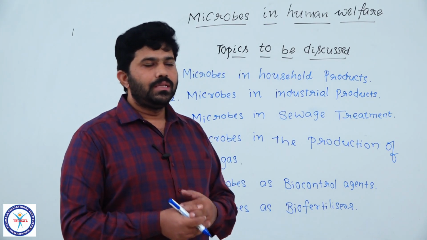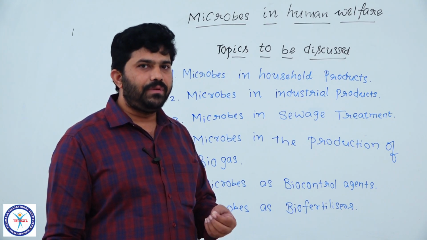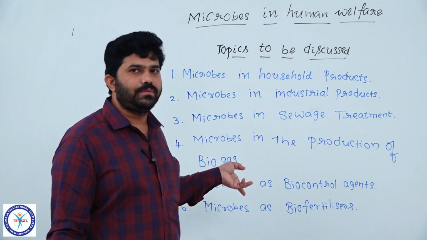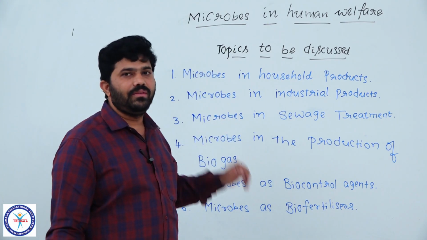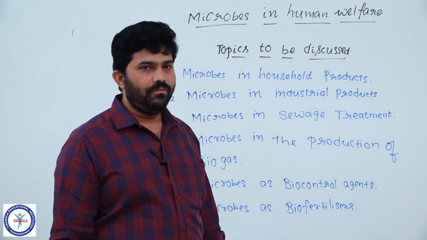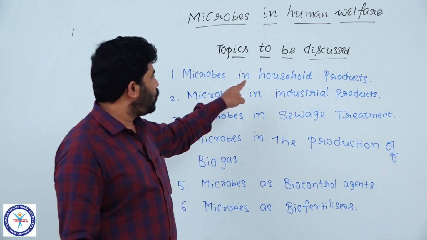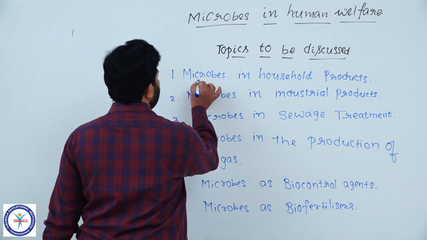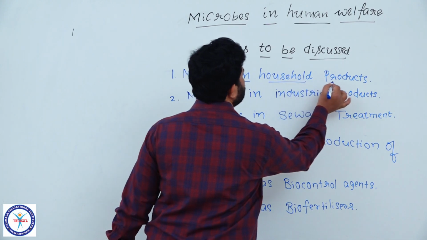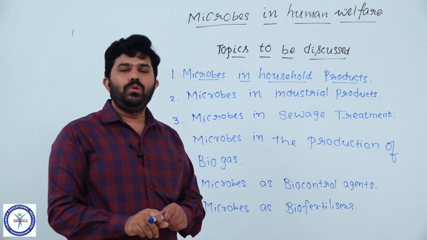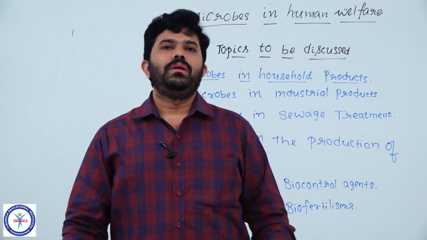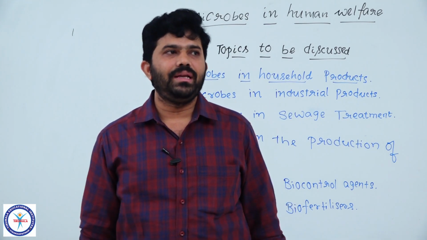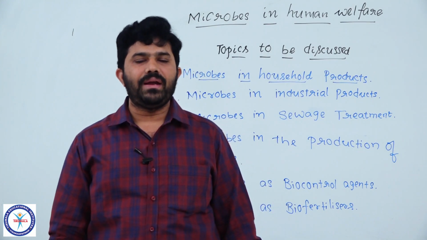Okay, dear students. Now let's have a brief discussion about all these 6 subtopics given in this chapter. Microbes in human welfare. First one, microbes in household products. Regularly, from early morning to night, we are doing so many life activities.